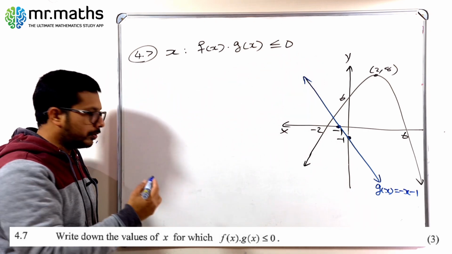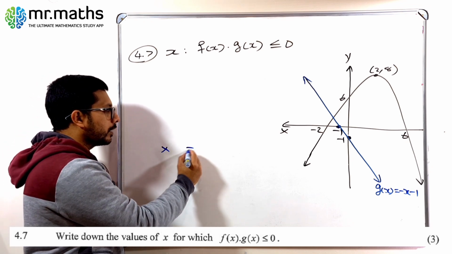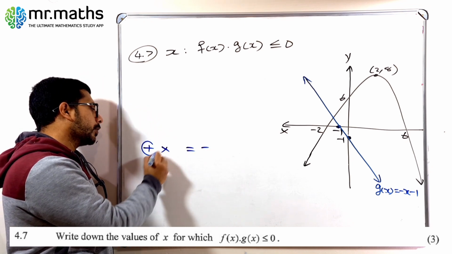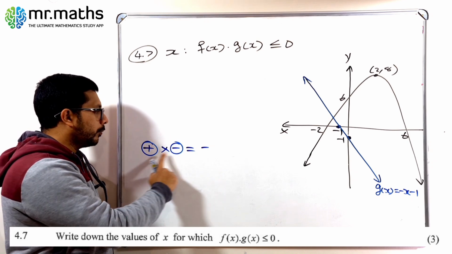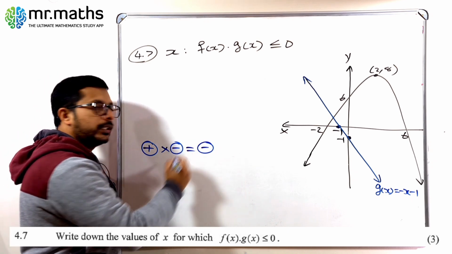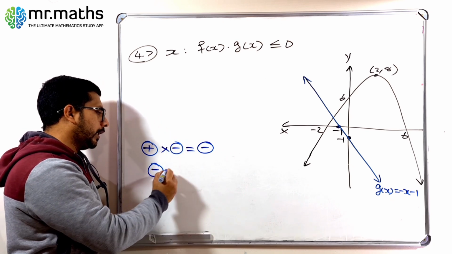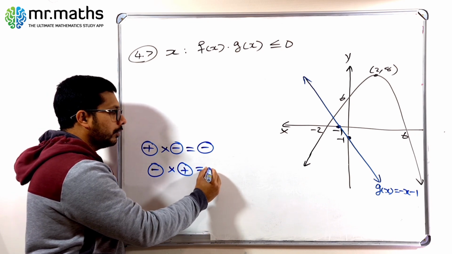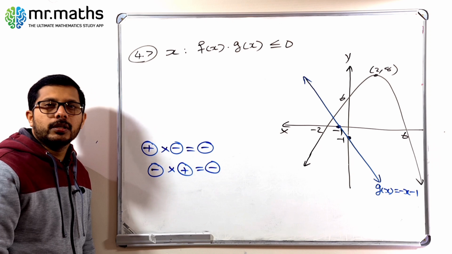When two numbers are multiplied, if you want the answer to be negative, either the first one must be positive and the second one negative. Then only, positive times negative, you will get a negative answer. Or what is the other option? The first one must be negative and the second one must be positive. Then also you will get a negative. Negative times positive is negative.